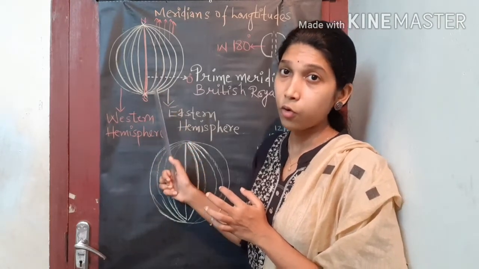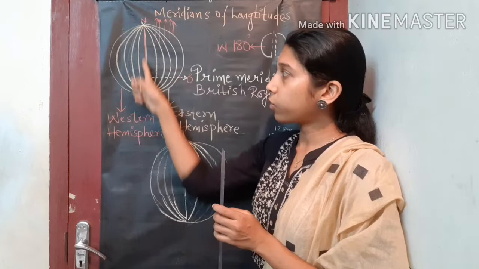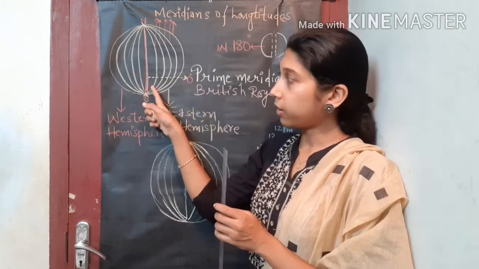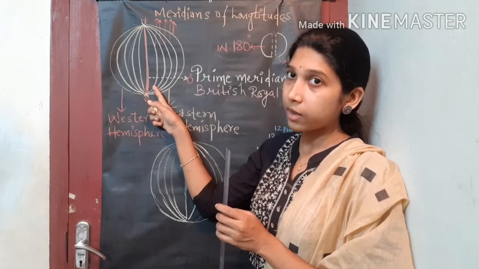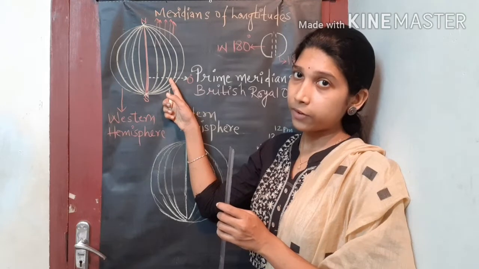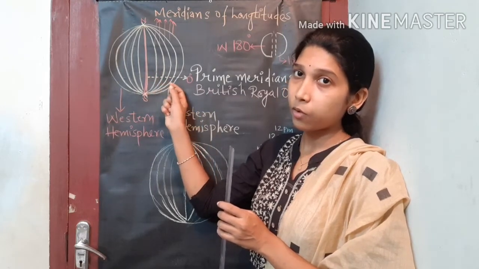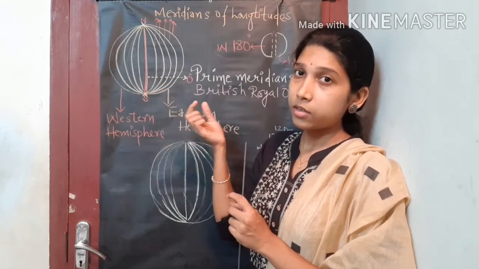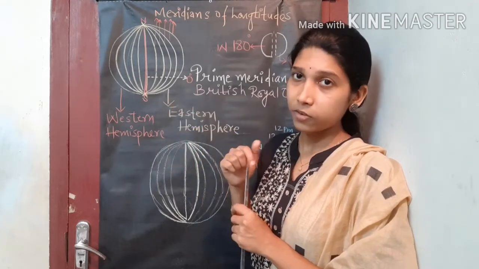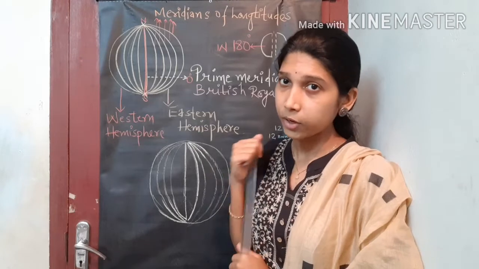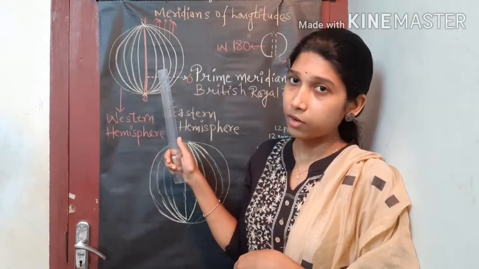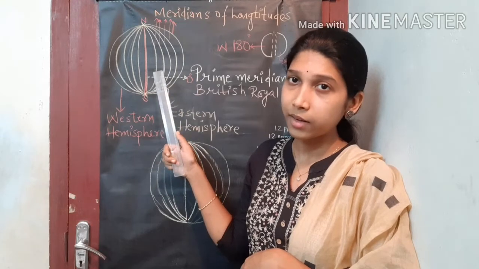That longitude will be 0 degree, and the next will be 15 degree, then 30 degree, and 45 degree. This distance is measured at an interval of 15 degree. We just divided it for our sake. And each of these 15 degrees is divided into minutes and seconds, as I said.